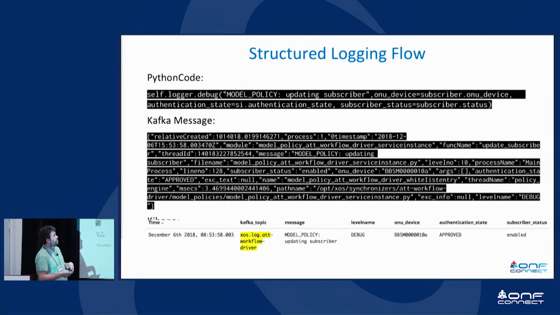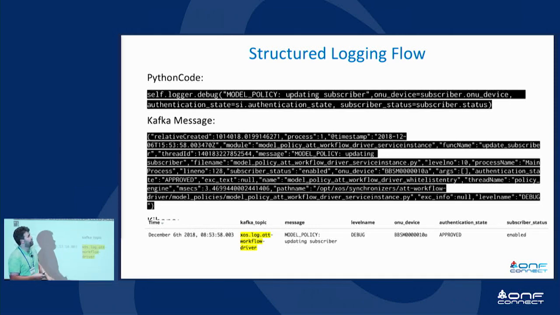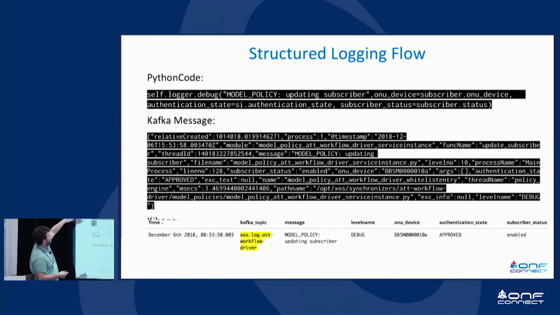To give an example, this is out of the XOS code. There's a logging debug command that's updating this model, doing a model policy, updating a subscriber. It has all these fields. When they get logged, they get turned into a JSON blob that gets put in Kafka.